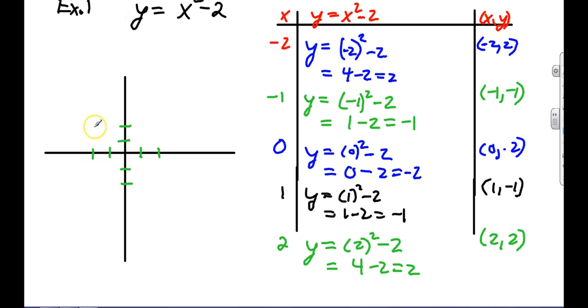Okay, so the point -2, 2 would be here. -1, -1 is here. 0, -2 is here. 1, -1 is here. And then 2, 2 would be here.